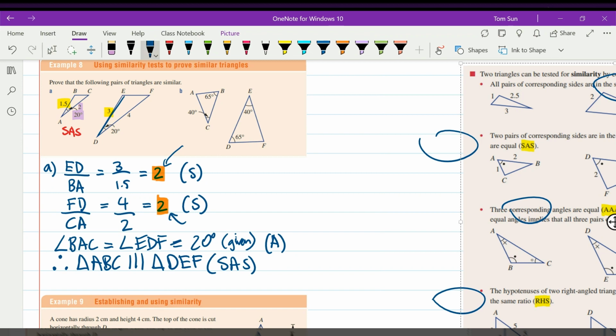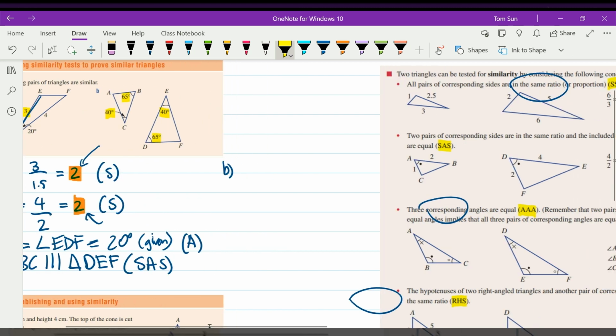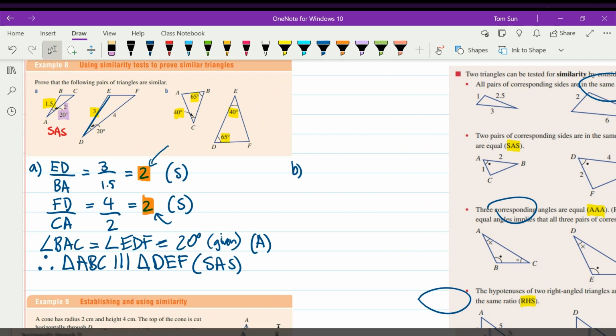Question B. I'm looking at what they're giving me, and I see that we have an angle here and an angle here. So they're giving me two angles, no sides. I don't see any side information. So it's likely going to be the AAA situation.